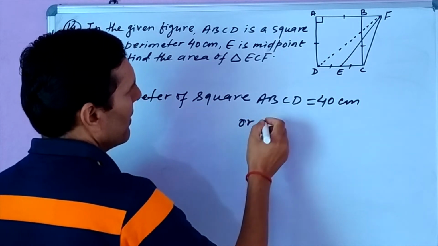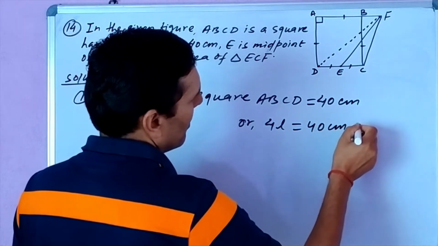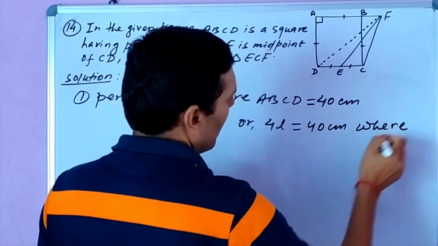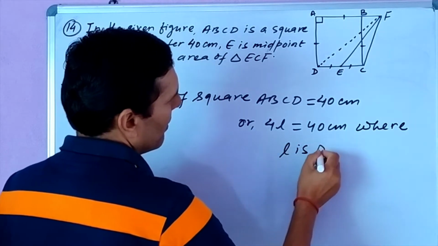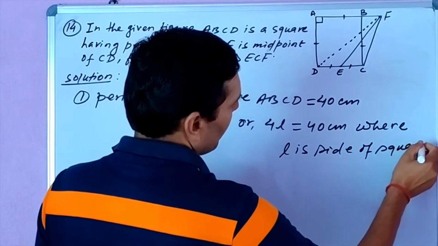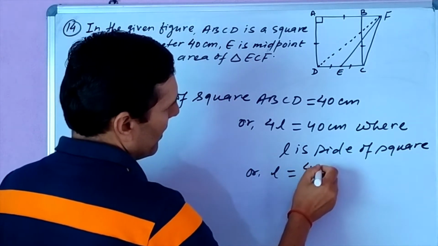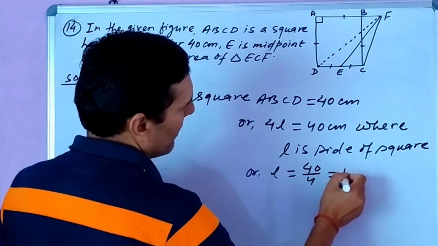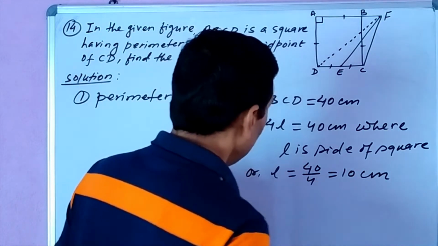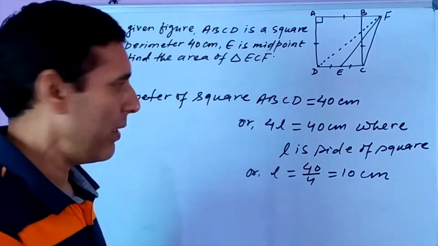And perimeter of the square, we know that it is 4L, where L is side of the square. So from here we will get L is equal to 40 by 4 is equal to 10 centimeter. First we find the side of square in this way.